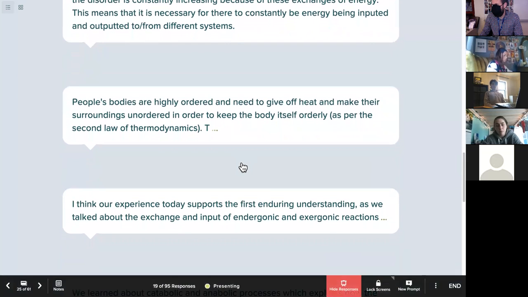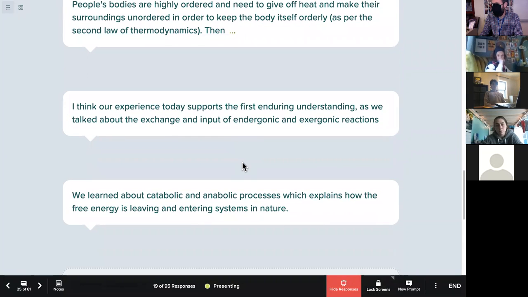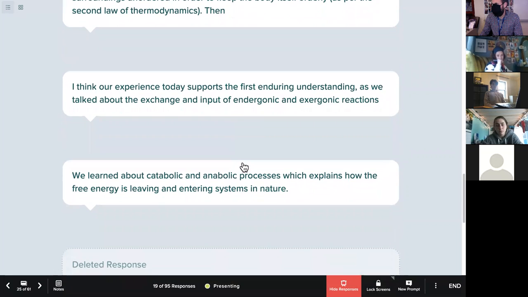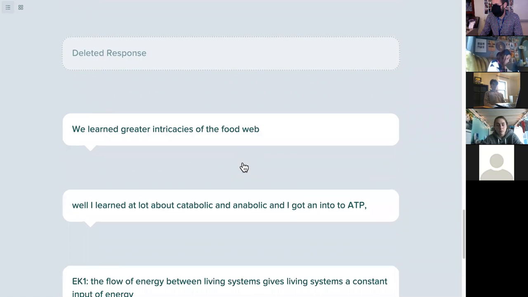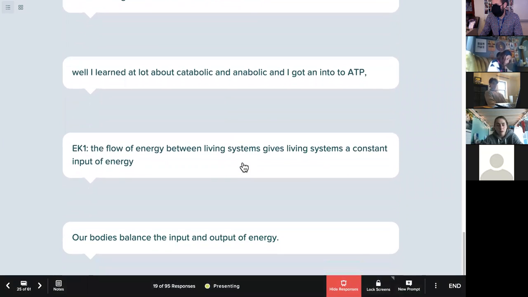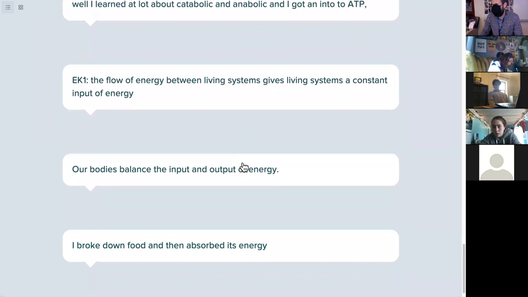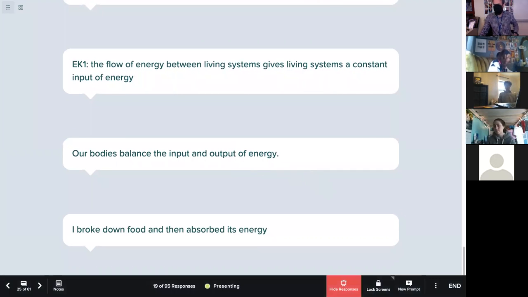Yes, the surroundings must be unordered in order for a person to be ordered. Right.